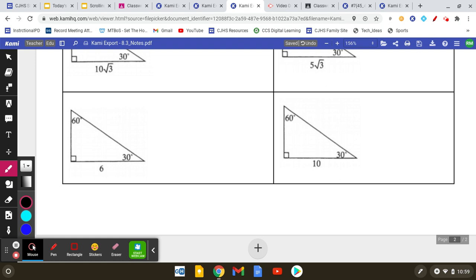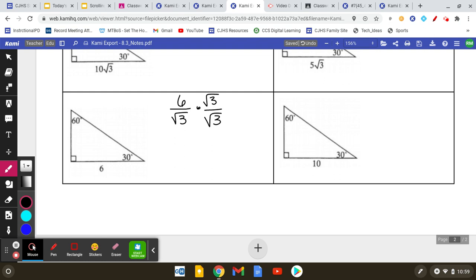Okay, so how do I go from the long leg to the short leg? Divide by square root 3, so I'll get 6 divided by square root 3. Can I have that? No. So what am I going to multiply by? Could I take the shortcut with this one? 3 can go into 6.